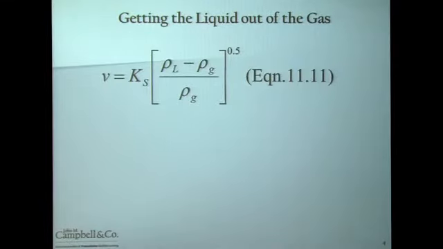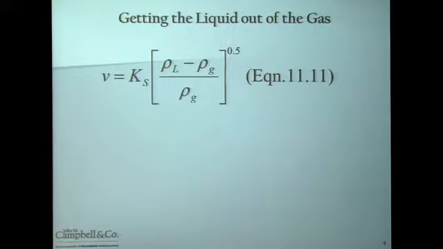That velocity is determined by this equation, which we develop in the G4 class on separation. It's a fairly simple equation that is also called the Souders-Brown equation. It shows that your maximum allowable gas velocity is equal to a sizing coefficient times the square root of the liquid density minus the gas density, divided by the gas density.